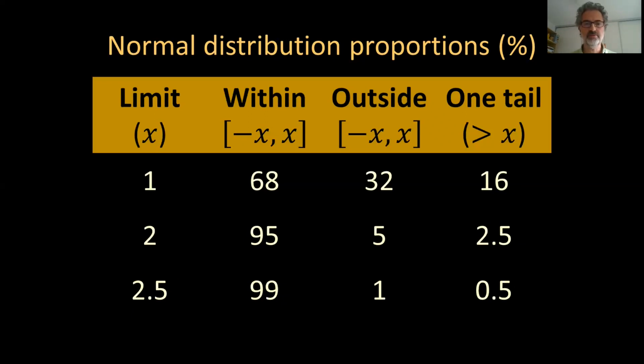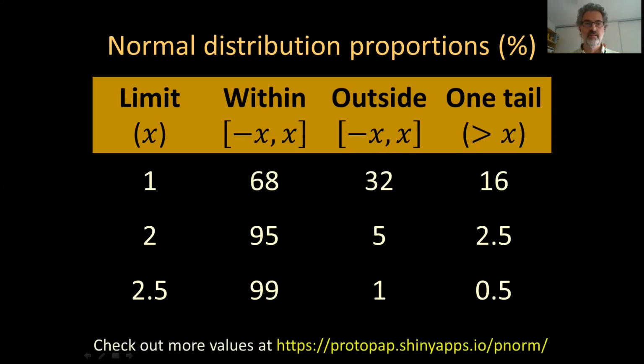Why are you supposed to learn these 3 numbers? You should really memorize these numbers. Not all the others, but these 3 you should memorize because they're the basis for all comparisons and conclusions in statistics that will follow. You can actually check out a lot more different values and how they partition the probability area if you go to this link.